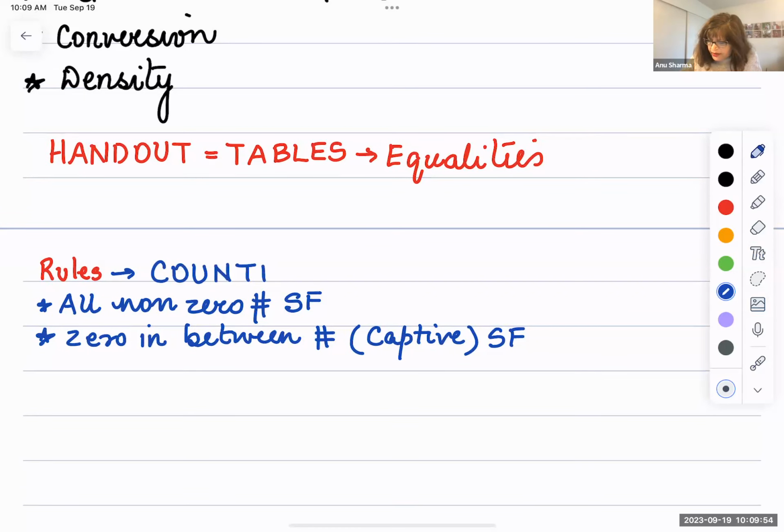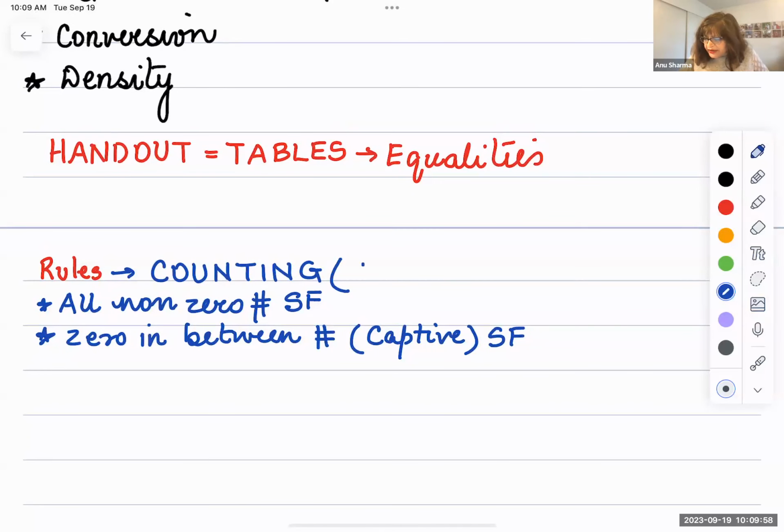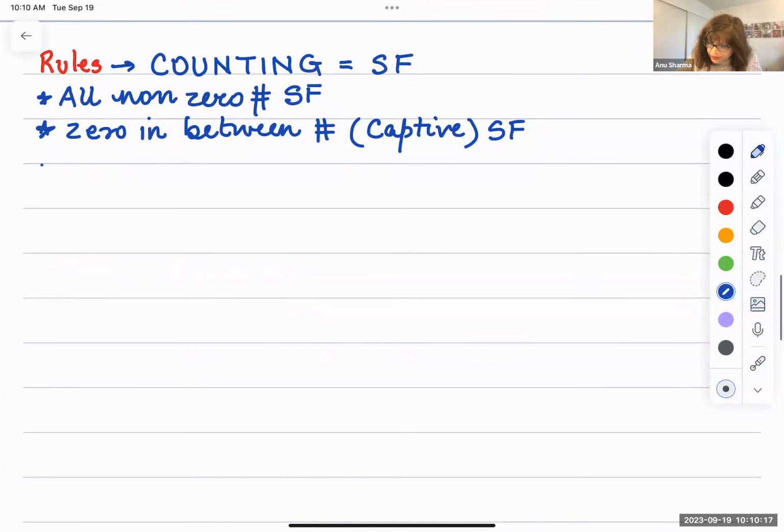Counting means that they are included in the calculations or in the measurement. Okay, so all the zeros that are in between the numbers are significant figures.